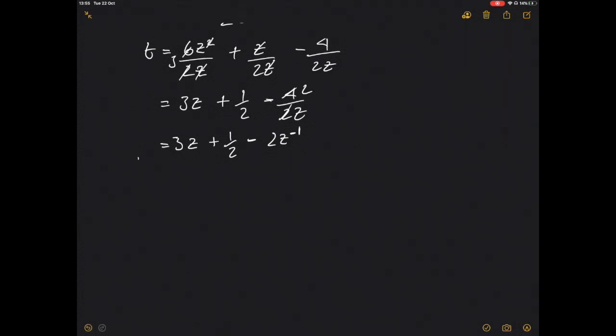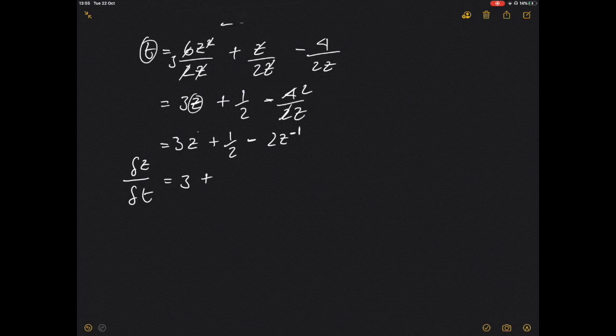So we can say our change in z over our change in t, because remember this isn't a y, we have a z here, is therefore equal to: we have no power, we bring that down, so that would be 3. We have no z here, so that would be 0, plus our minus 1. Minus 1 is multiplied by here, so that would be a negative times by 2.